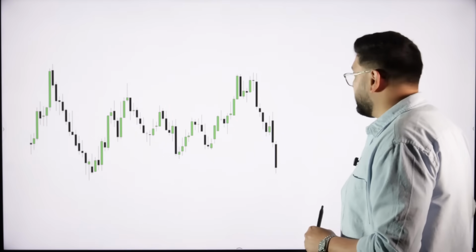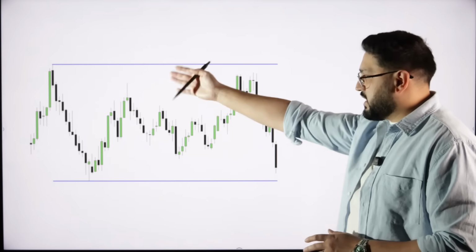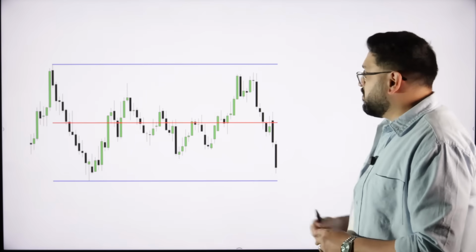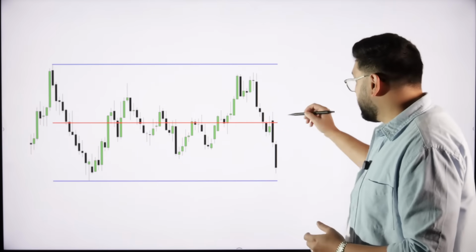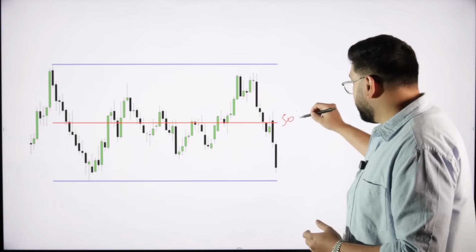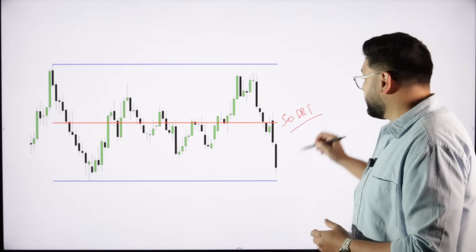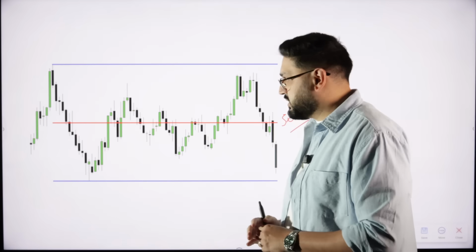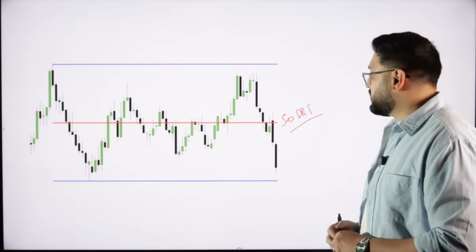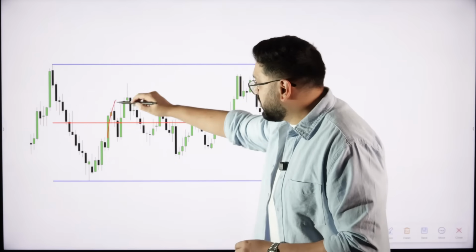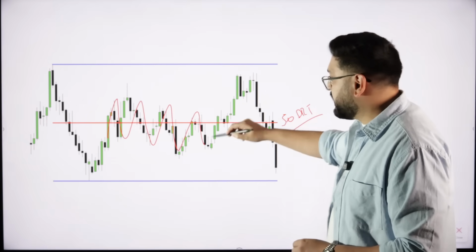So we can here define our dealing range high and our dealing range low. The midpoint of this dealing range is something known as equilibrium, or I call it the 50 DRT level. Now this is the fair price between the highest price and the lowest price inside of a type 3 dealing range. Notice how price will consolidate around this fair price.